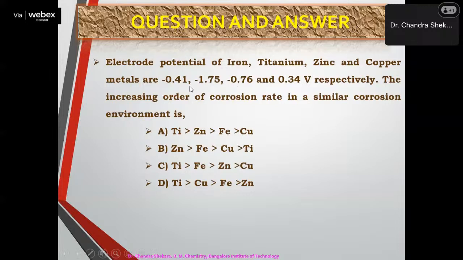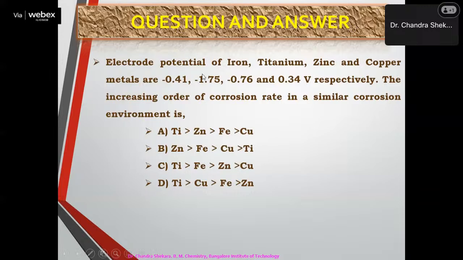And here zinc, iron and copper metals are the active metals, and the corrosion rate of these three metals is very similar to their electrode potential order. Therefore, the correct answer in this particular case is that zinc metal has the highest tendency to undergo corrosion, then the iron metal, and iron metal shows more tendency to undergo corrosion than copper metal, and copper metal undergoes corrosion at a faster rate than titanium metal.